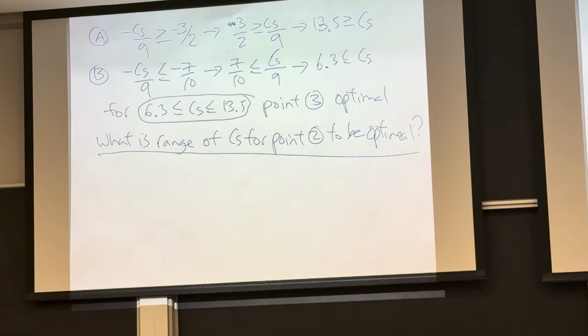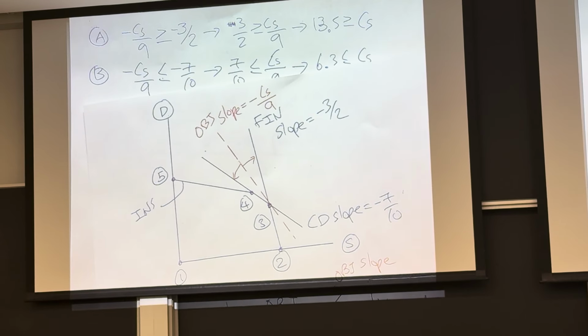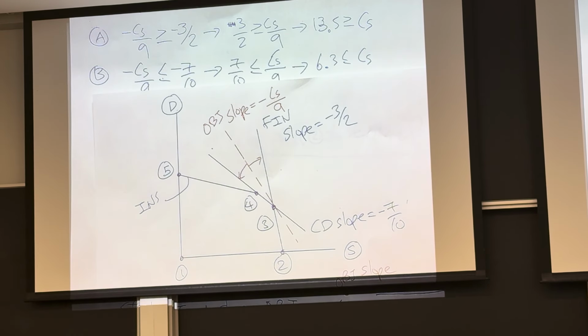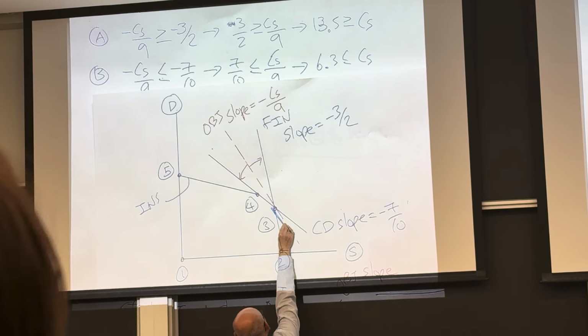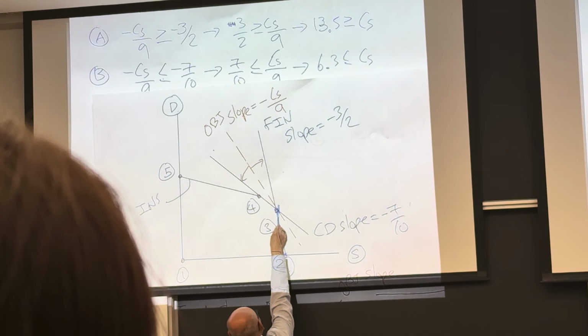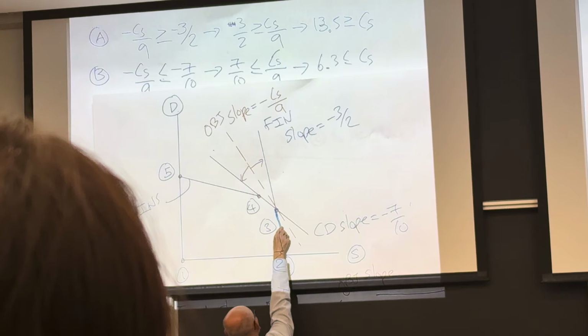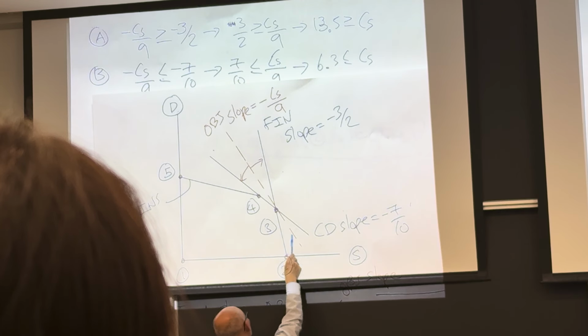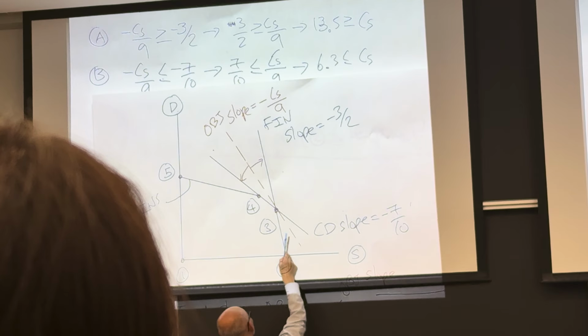With these questions, you always have to look at your graph to compare. And you can see from the graph, in order for 0.2 to be optimal, the objective slope has to go steeper than this finishing line. Because if it goes steeper than this finishing line, then you're going to want to move out to 2, right?